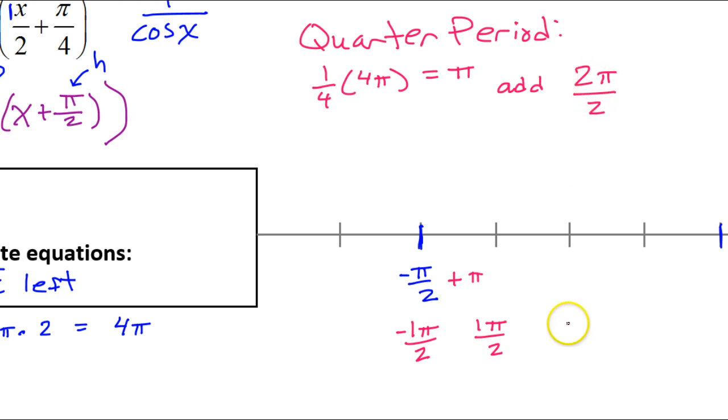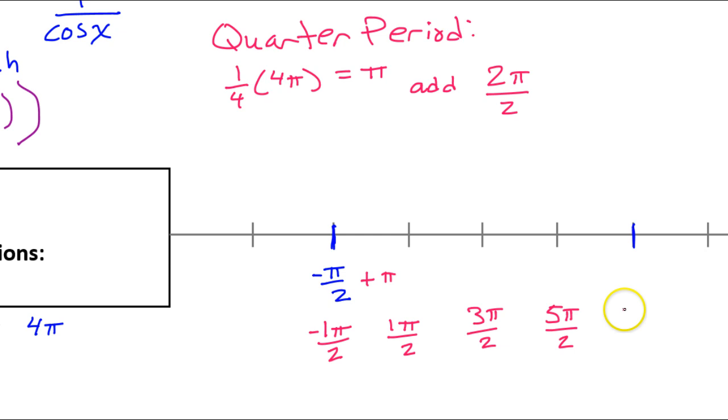If I add 2 to that, that's going to be 3 pi over 2. 2 more is going to be 5 pi over 2. And 2 more will be 7 pi over 2. And I know that's where it ends. Now I always put these numbers down low in case I need to reduce.